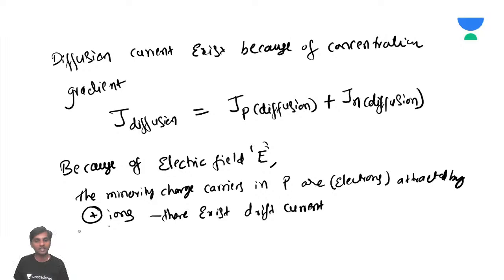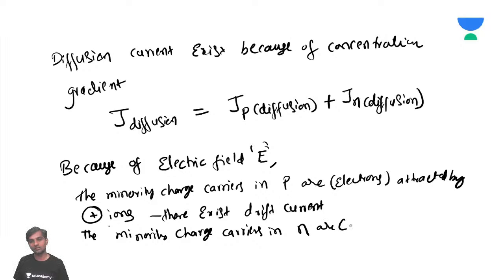So what are the minority charge carriers? The minority charge carriers in N are holes, attracted by negative ions.